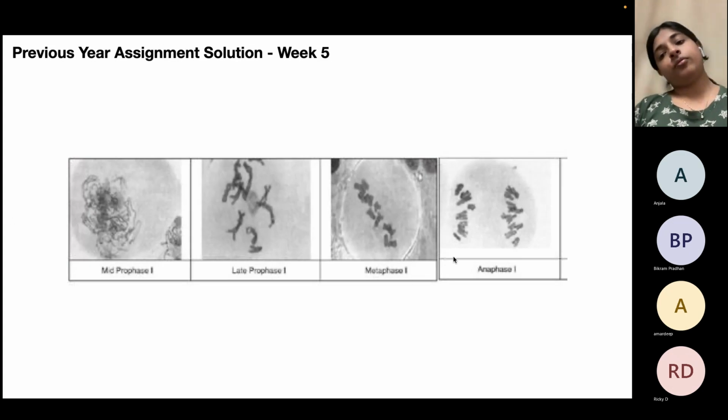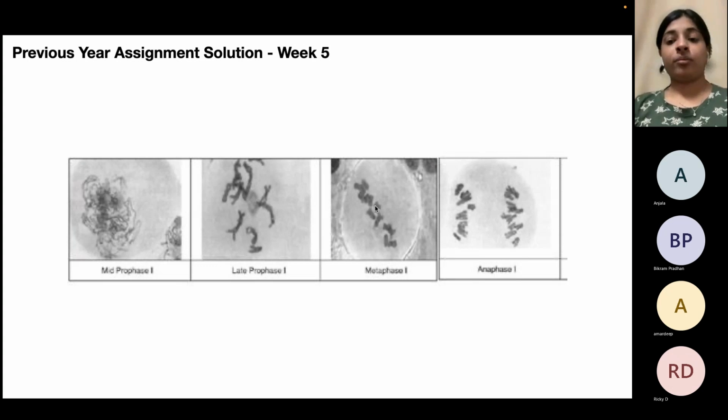So this is a very beautiful electron microscopy image wherein we can see in the first prophase, they are still present as chromatids, and then slowly in the late prophase 1, it is condensing to form chromosomes. And here we can see that the sister chromatids are together and homologous chromosomes are being associated with each other, ultimately resulting in, say, strand exchange.